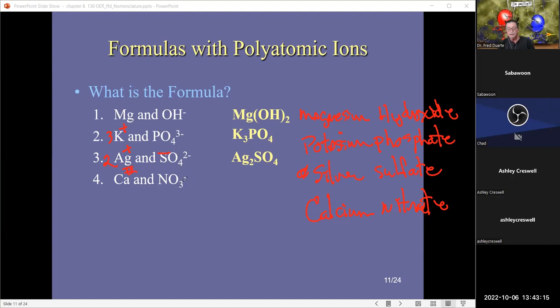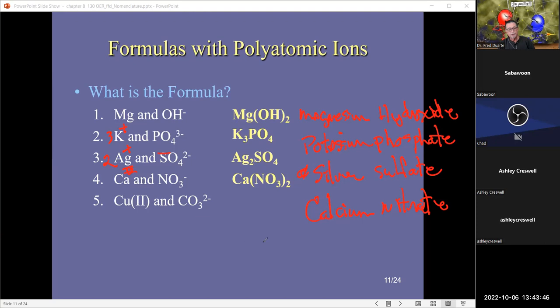The nitrate has a -1, which tells you I'm going to need 2 nitrates, okay, to cancel out the +2 of the calcium ion. So now our formula becomes Ca, parentheses NO3 and parentheses subscript 2, or calcium nitrate.